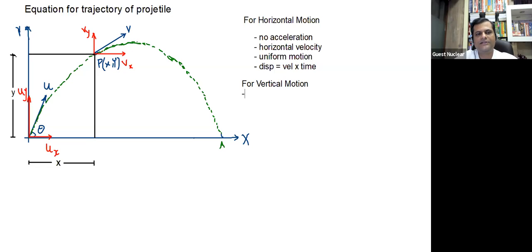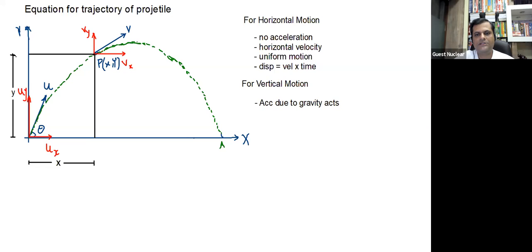It is a uniformly accelerated motion because the acceleration due to gravity acts on it. So in vertical motion, acceleration due to gravity is acting, therefore we cannot say that it is simply uniform motion. Absolutely not. You have to say that it is uniformly accelerated motion. Remember. Vertical motion is uniformly accelerated motion because acceleration due to gravity is already acting on it in the vertically downward direction.